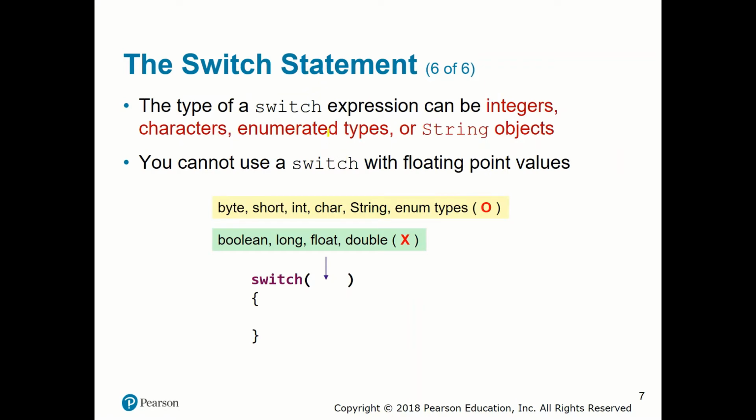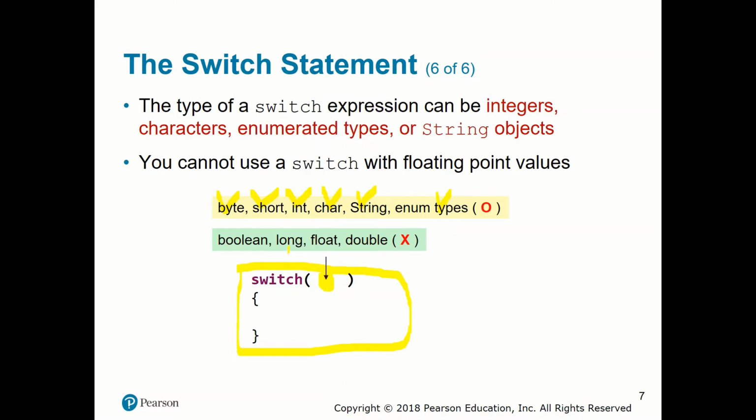And this is important. The type of a switch expression can be integers, characters, enumerated types, or string objects. This means that in the switch statement, in the expression part, only byte, short, int, char, string, or enumerated types can be placed here.